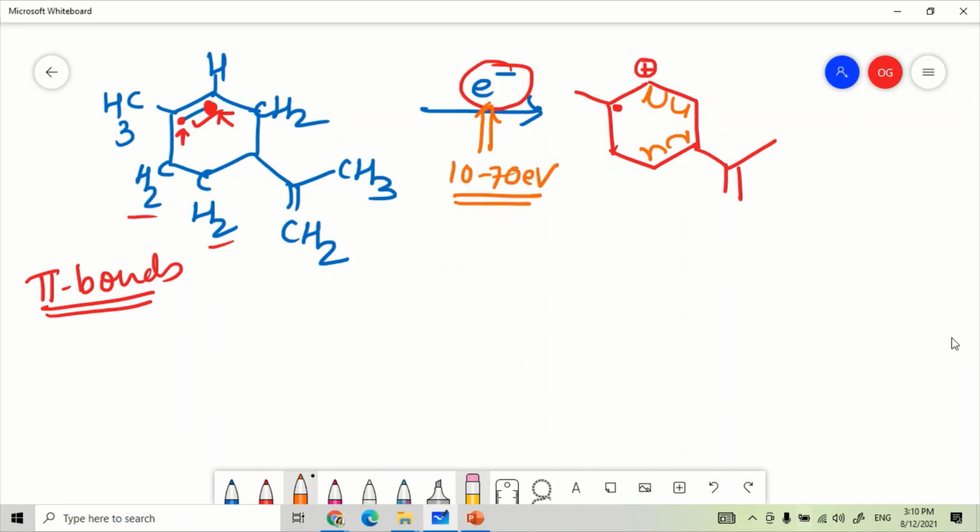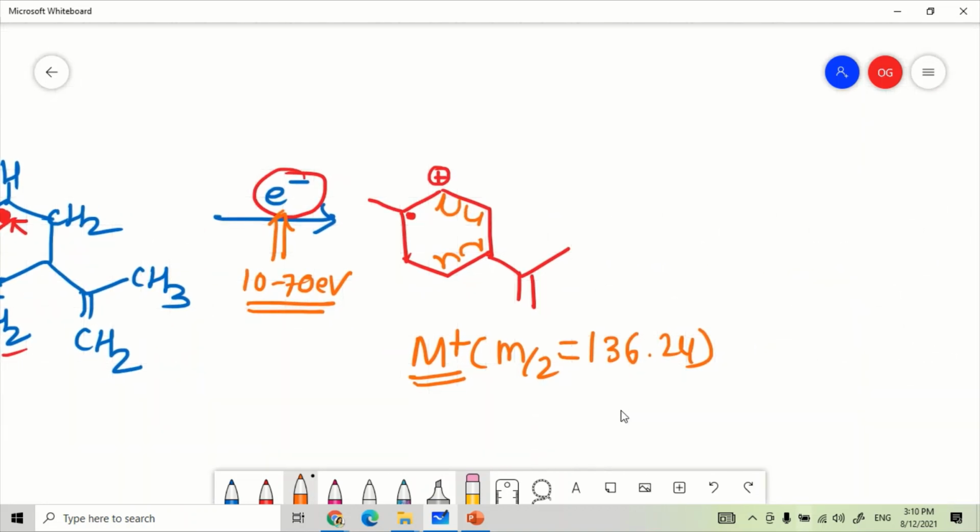So this much energy first removes the loosely bound electron, and then further energy passes through all the bonds, and then this fragmentation occurs. The molecular weight or mass of this particular ion is 136.24, and this is the molecular ion of this particular compound.